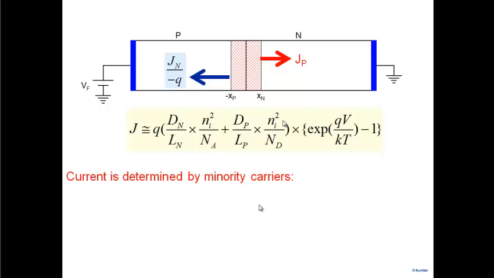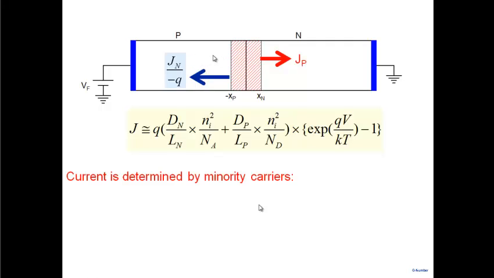A very simple test: say a current is determined by majority carriers. Take a simple N-type semiconductor. You know that it acts like a resistor, and the current is determined by majority carriers, which are electrons. If I double the majority carrier concentration, if I double the doping, what will happen to current? It will double, right? Now, if a PN junction were majority carrier dominated, if I double the doping of p-type, what would happen?